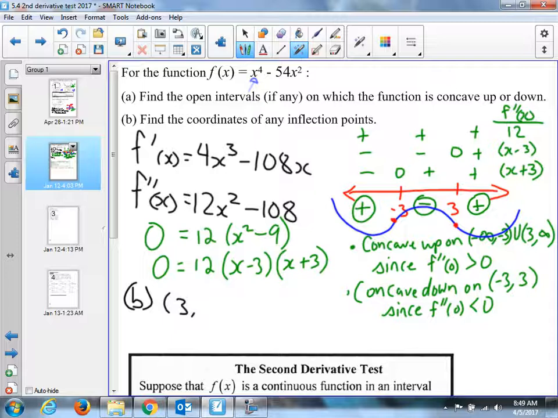Yep, 81 minus 54 times 9. You can use a calculator. Into the original function. Because if you put it into the second derivative, you're going to get 0 if you've done math.